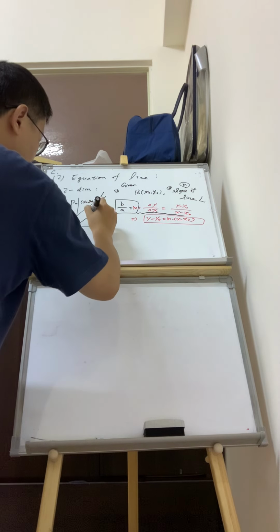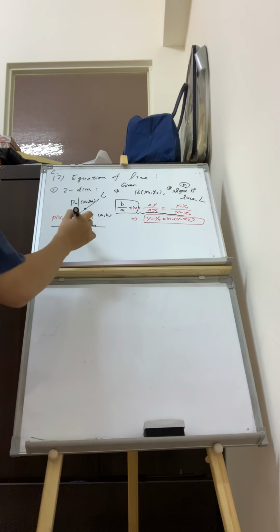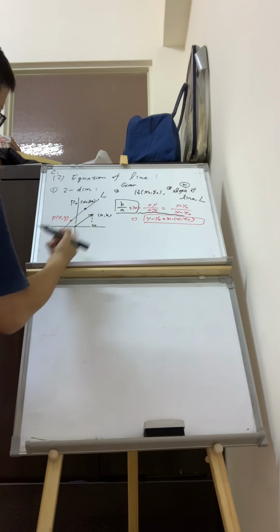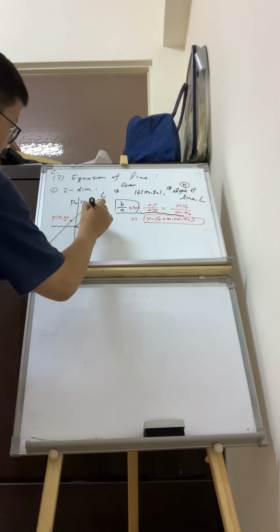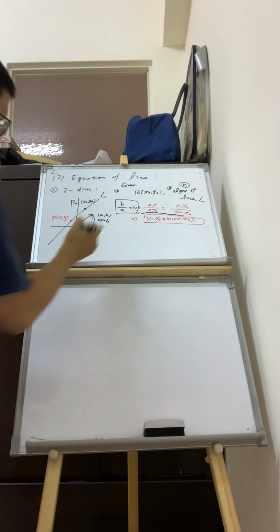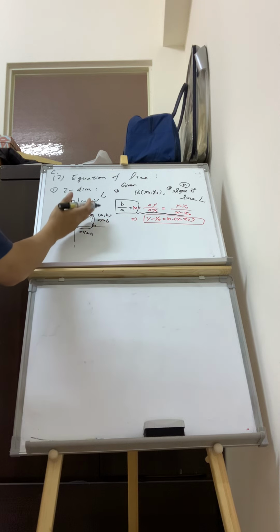Once you consider the slope, delta x is exactly a and delta y is exactly b.